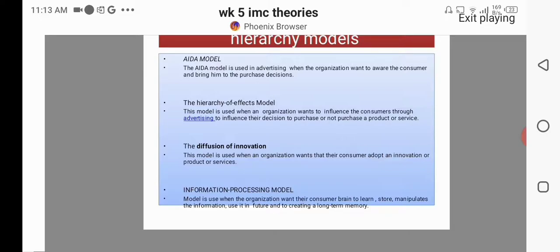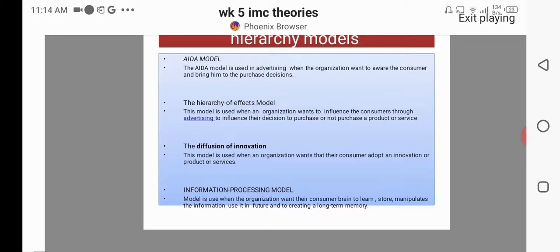And the purchase action actually takes place in the last stage, called the behavior stage. So on these grounds, the organization uses the AIDA model.